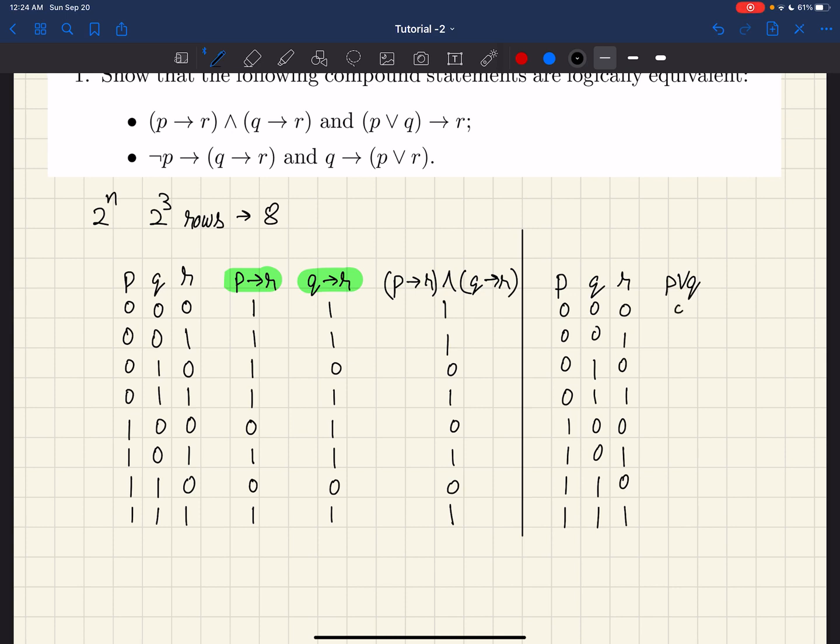So here it's true, true. Rest of all of these are true. And now we have P or Q implies R. Again, the same rule for implication. Now we have 1, 1, 0, 1.